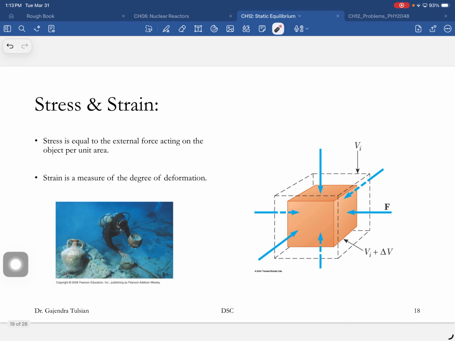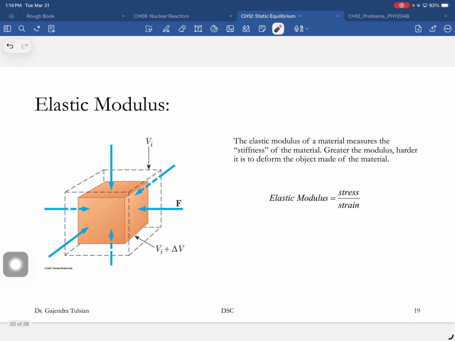So stress is equal to the external force acting on the object per unit area. So force divided by the area is stress. An elastic modulus is defined as the ratio of stress to strain.